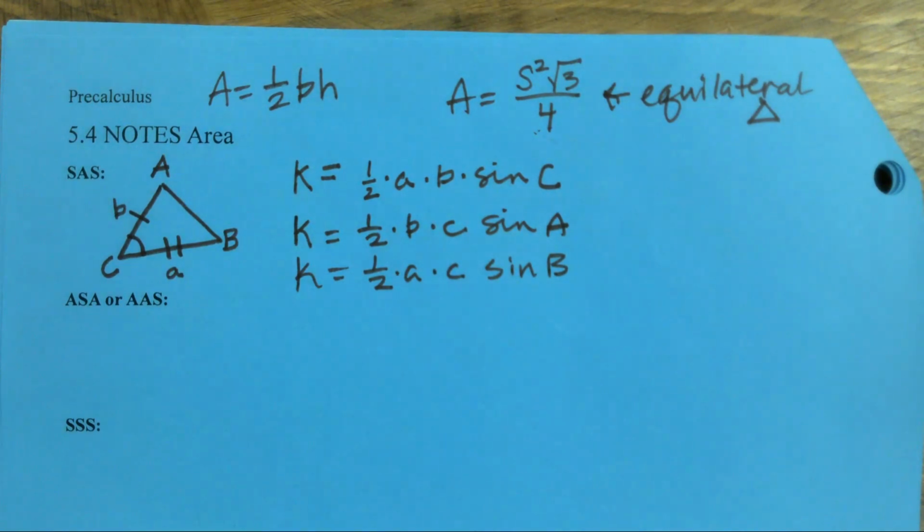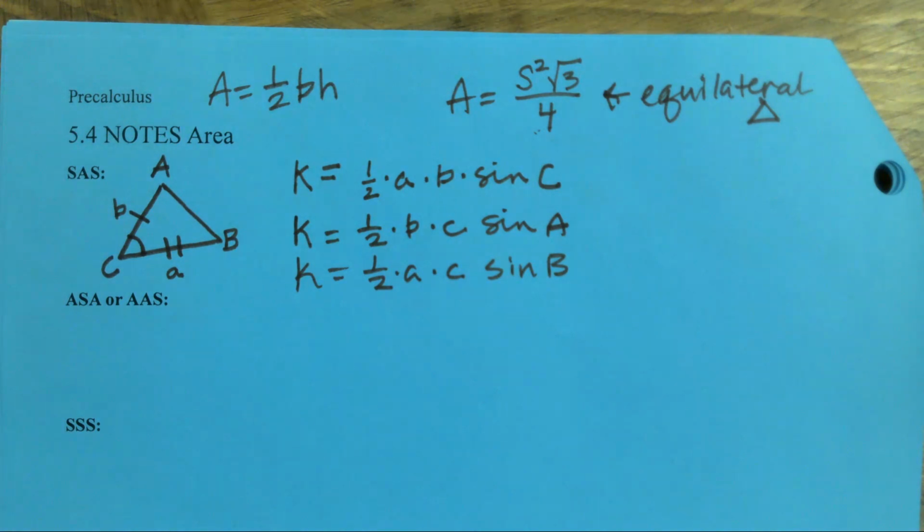It really is not necessary for me to write it out over and over again, because again, it's not about the letters of the things, it's about where they are. And this is the formula I'll use if I know two sides and the angle that falls between them.